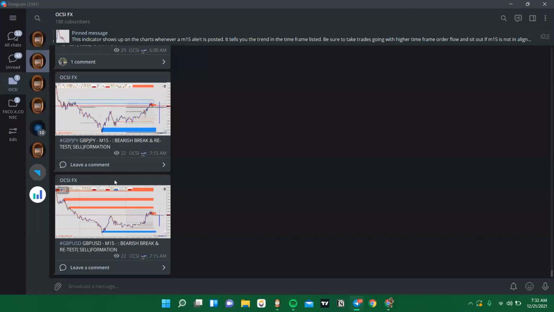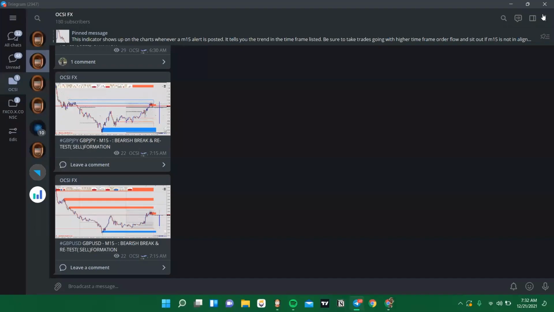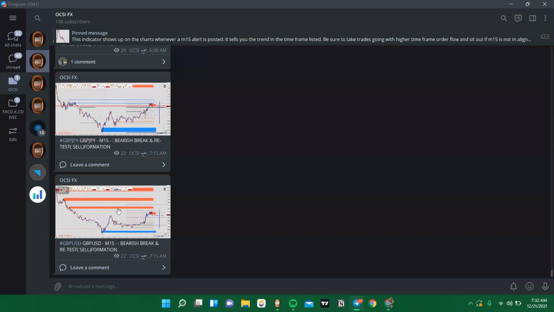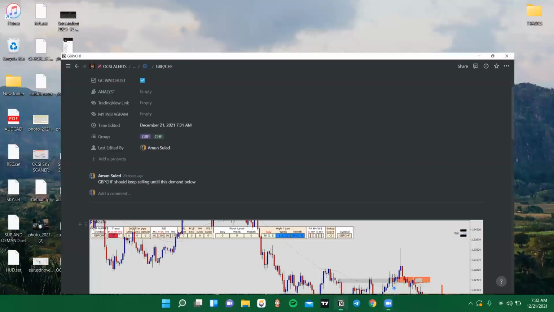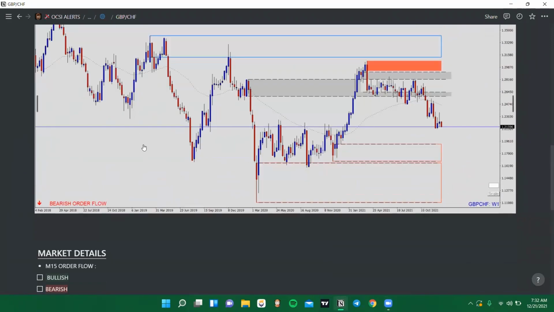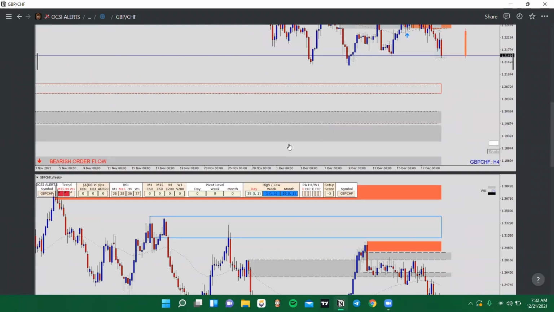And then boom again. The only reason the scanner gave me this is because it found the break and retest in there. But my job is I have to already make sure in the watch list, for example, they say GBP USD is a sell. I already know this one is a sell, right? So I can agree with these sells.